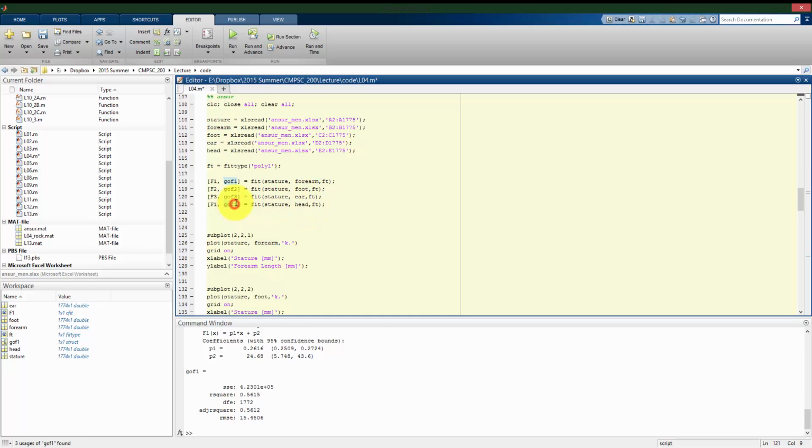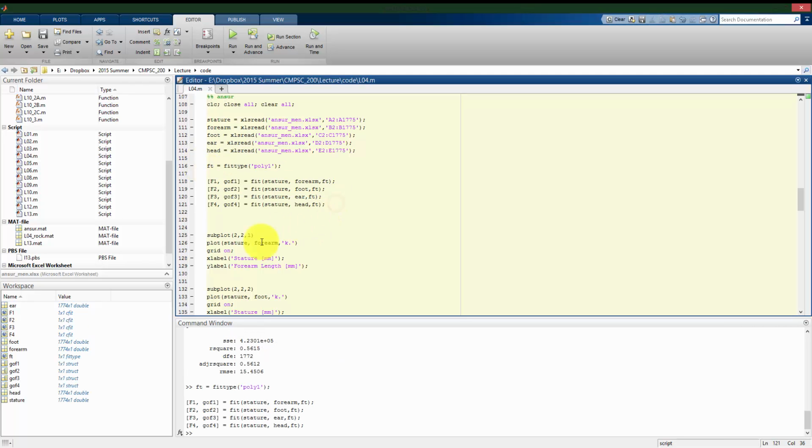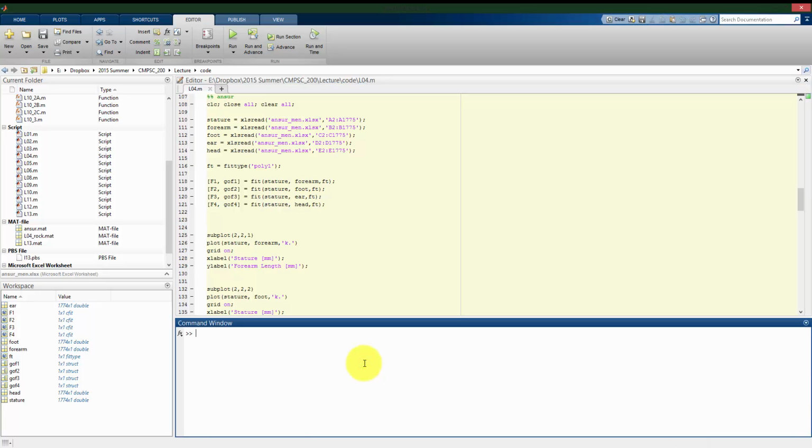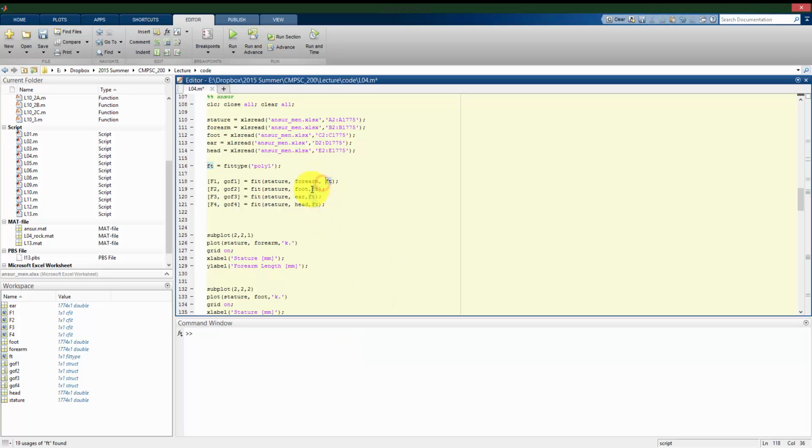And this will be goodness of fit 4 and fit number 4 here. Alright, so if I look at my workspace, I now have those 4 fit functions, and I have 4 goodnesses of fit to look at. So let's see numerically how well stature is a predictor of each of these quantities.